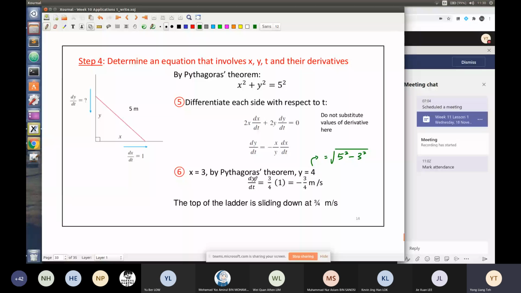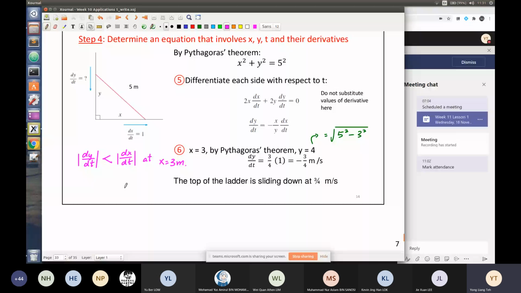Now you notice that dy/dt, the magnitude, the speed at which this guy is sliding down, is actually less than the magnitude of dx/dt at x equals 3 meters. In fact, this is logic or observation of something sliding down when leaning against a wall.